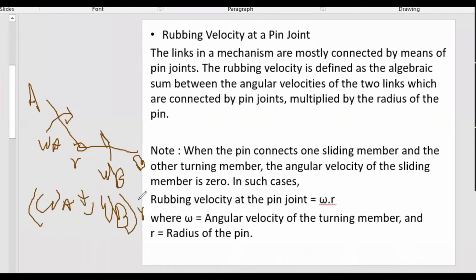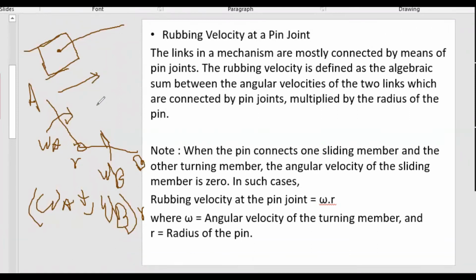When the pin connects one sliding member and the other turning member, this would be applicable for the slider crank mechanism. This is a sliding member, and this connection is a turning member. In this case, the sliding member's angular velocity is 0, because there is no angular velocity, only velocity.